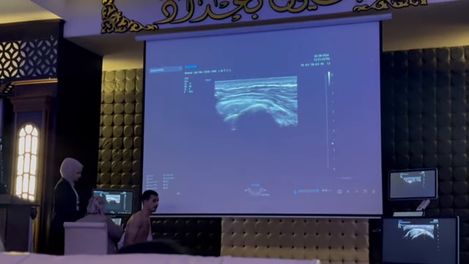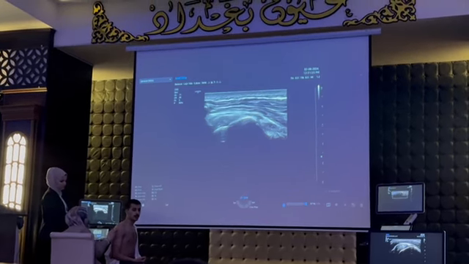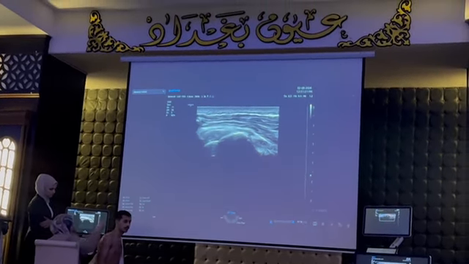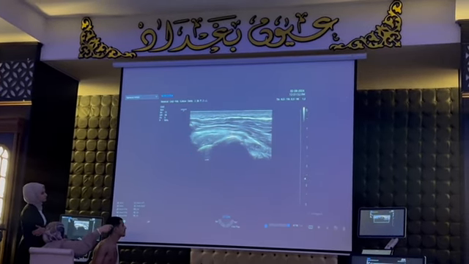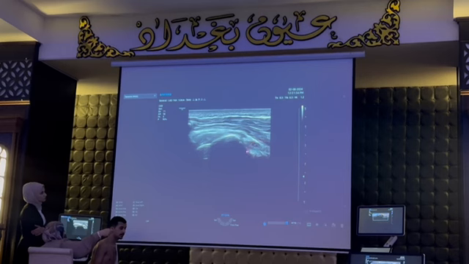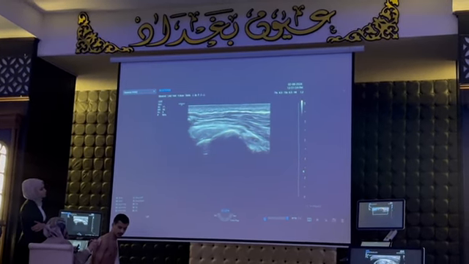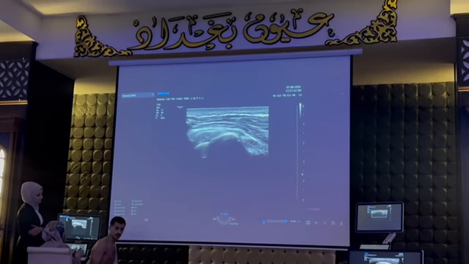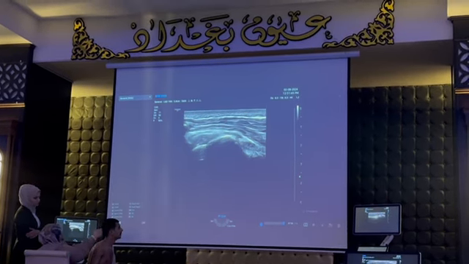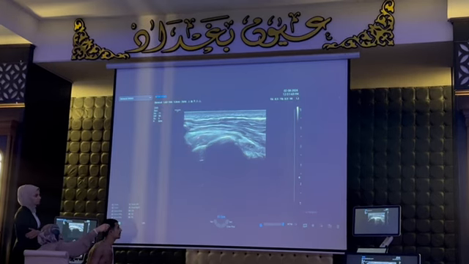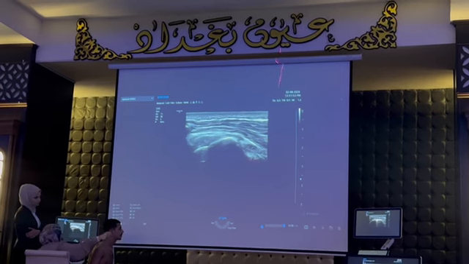So three axial section muscles will appear. This is the cranial side. This is the supraspinatus, this is the infraspinatus, this is the teres minor. I put my probe sagittal on the greater tuberosity back surface, so I see the axial section of muscle.